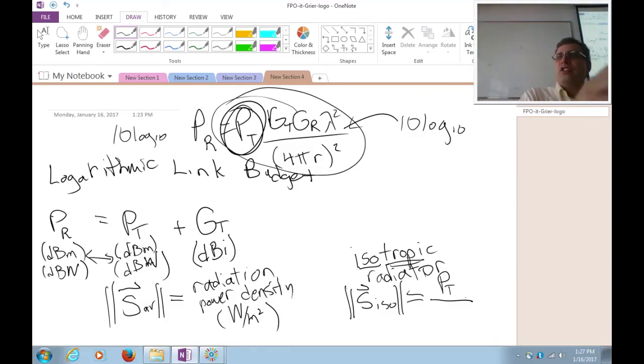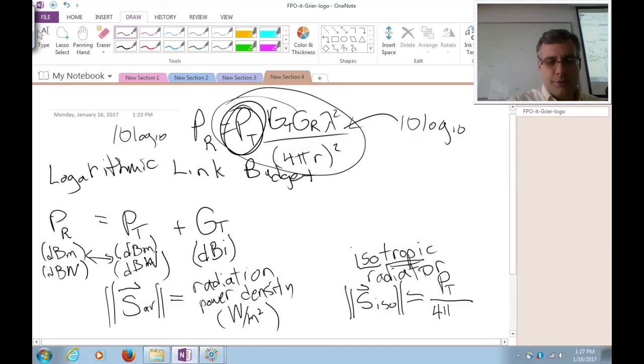What's the surface area of that sphere? 4 pi r squared. So this would be the ideal isotropic radiator. This is the actual radiation you do get from your antenna. The ratio of these two is actually how we define gain, at least from a transmission perspective.